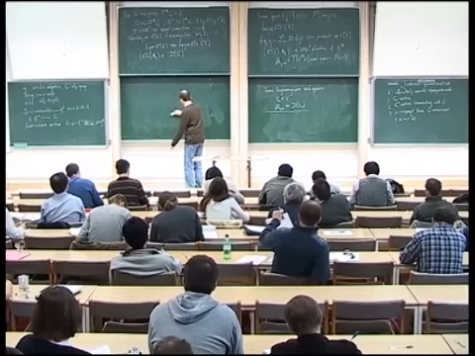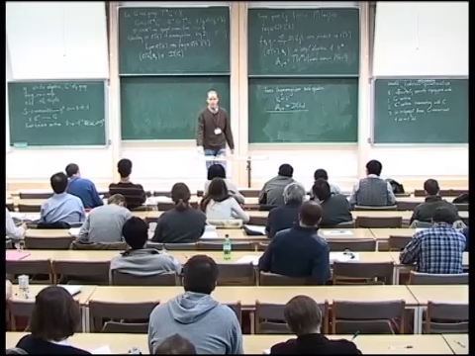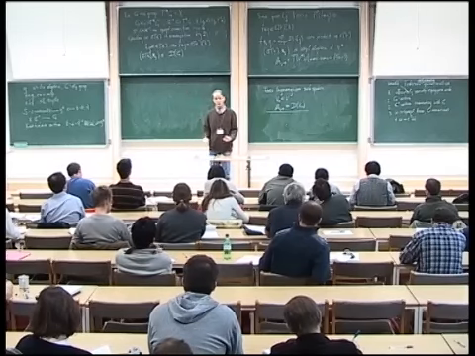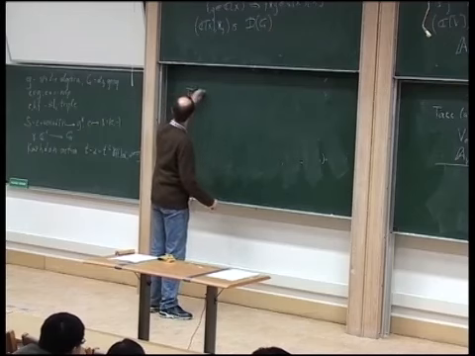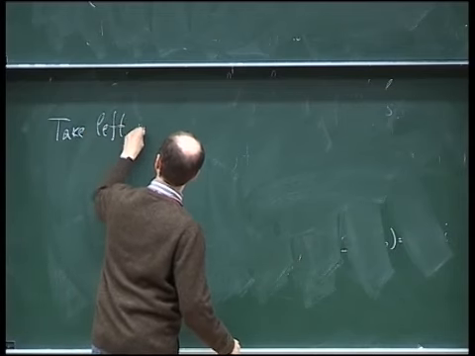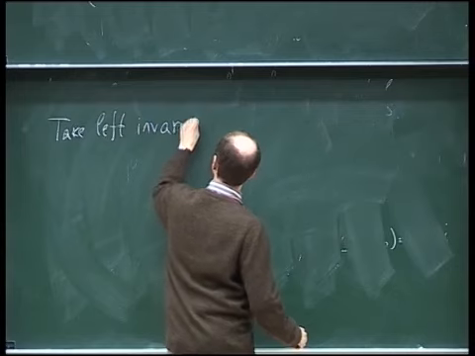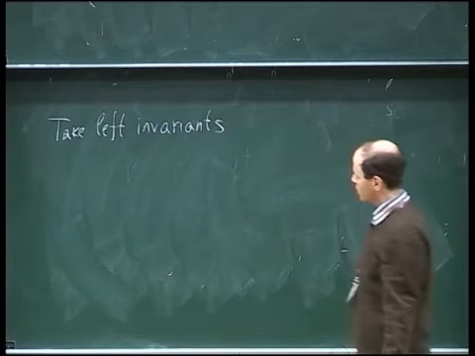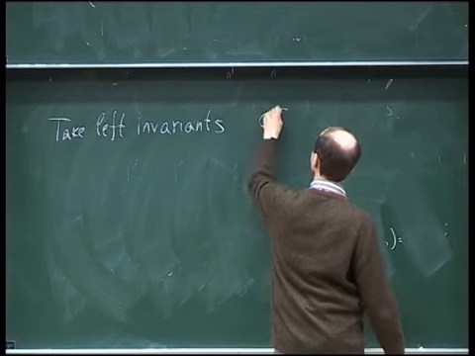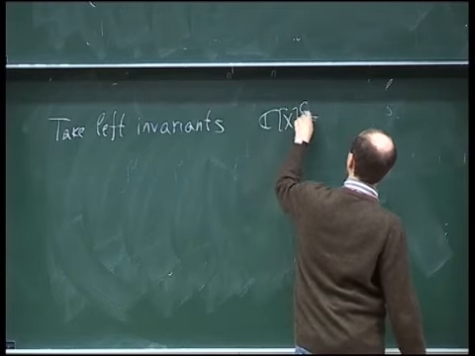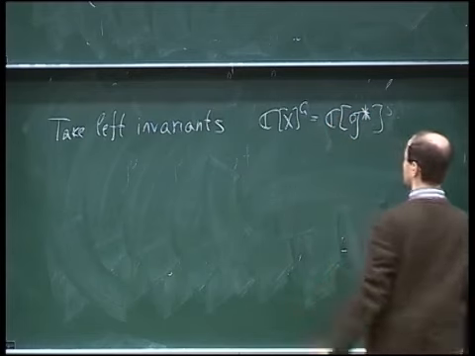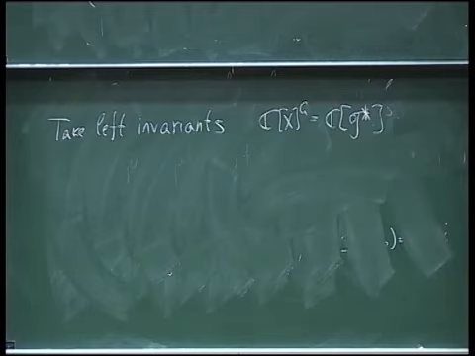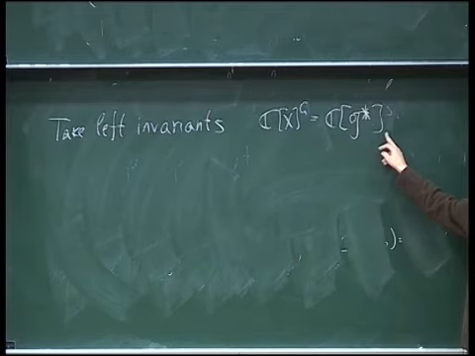But one more remark here. Actually, if we take invariance with respect to left action, this left invariance is the algebra of regular functions on G dual. And now we have a new associative product on this G dual.